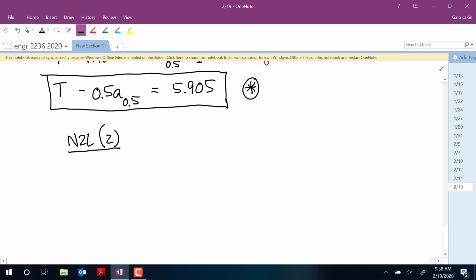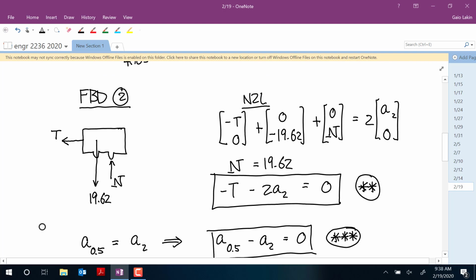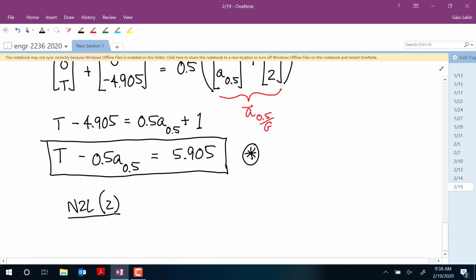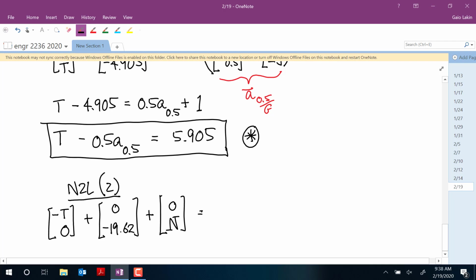Okay, so now Newton's second law for the 2 kilogram. Let's see, what do we have? I'm going to back up to the free body diagram. So we had negative T, 0. We had the weight of 0, negative 19.62. The normal force 0, N. And that's all equal to the mass, 2 kilograms, times the acceleration.